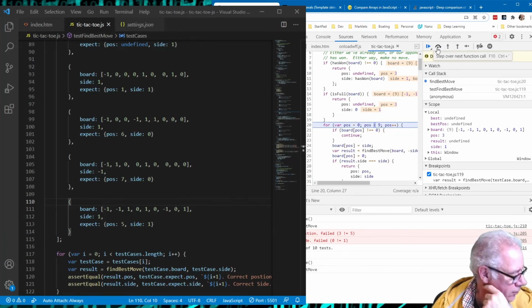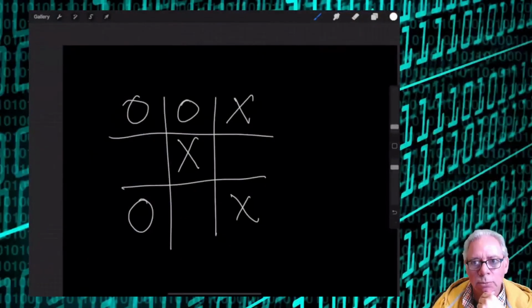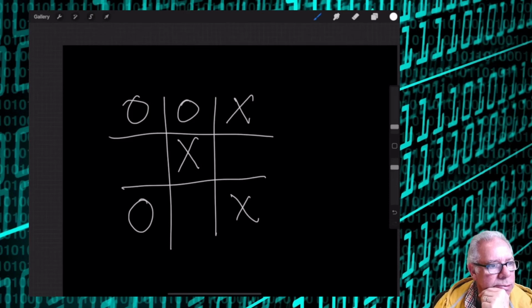So let's see why that is. If it moves into position 3, if you look at this board, O should be able to get a win by moving to position 2. So let's confirm that that happens. So we're going to move. Oh, you know what? I think I figured it out. Nope, no, that's right. Okay. So we're going to move to position 3.